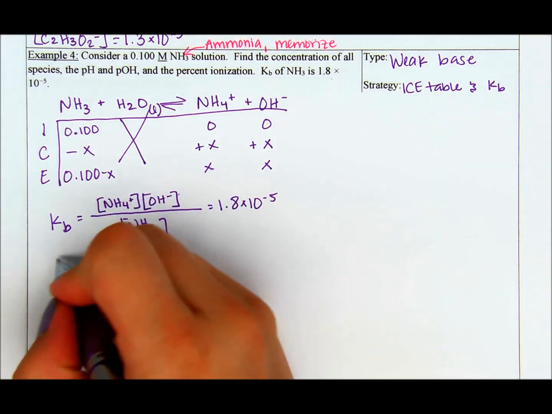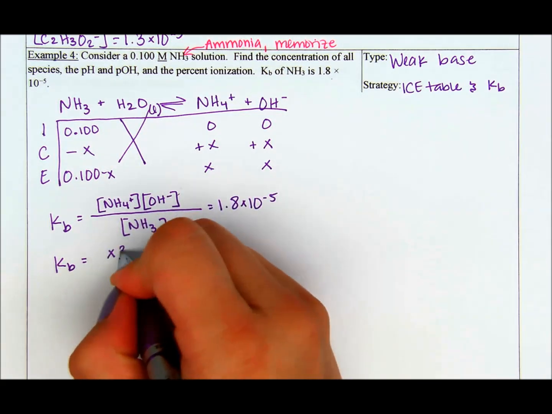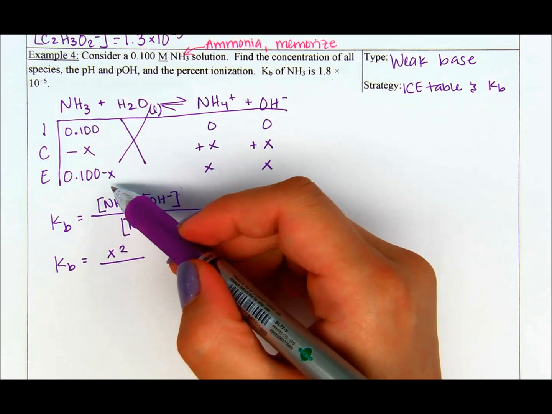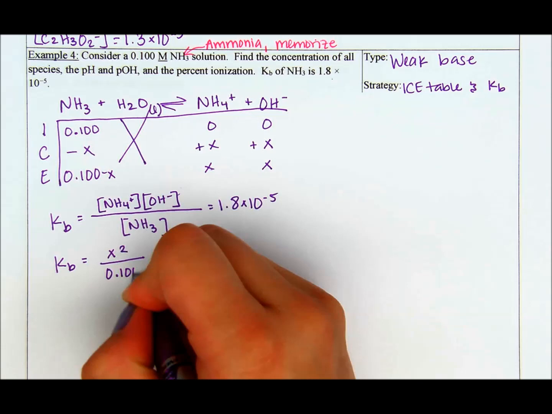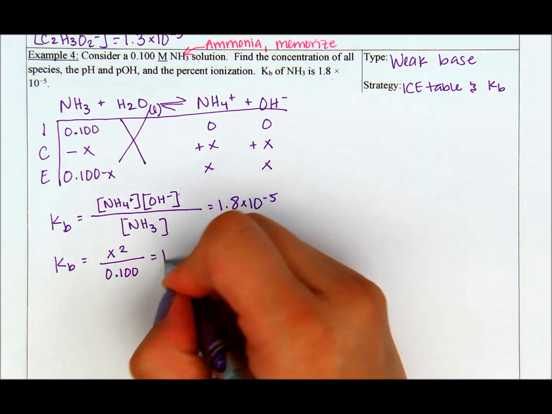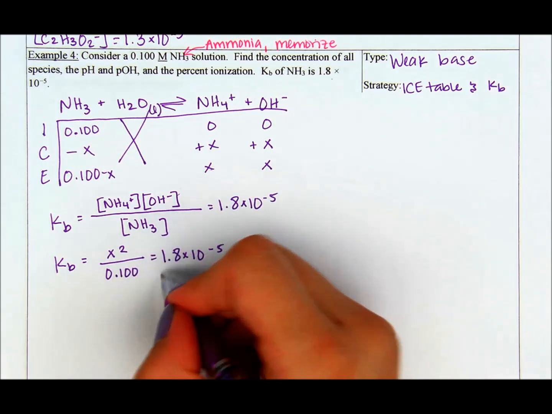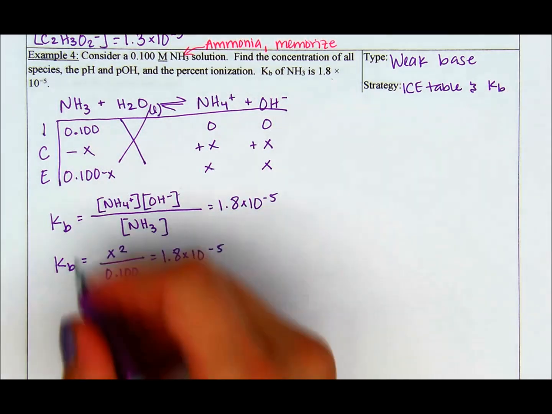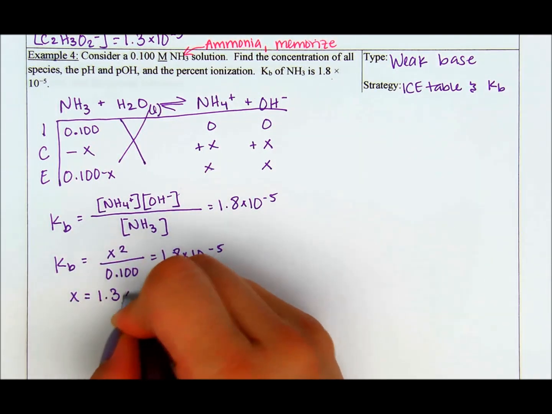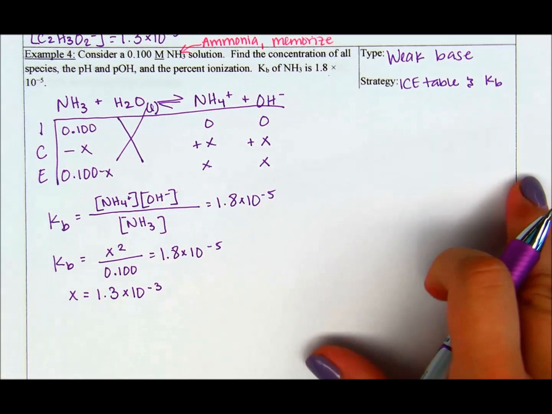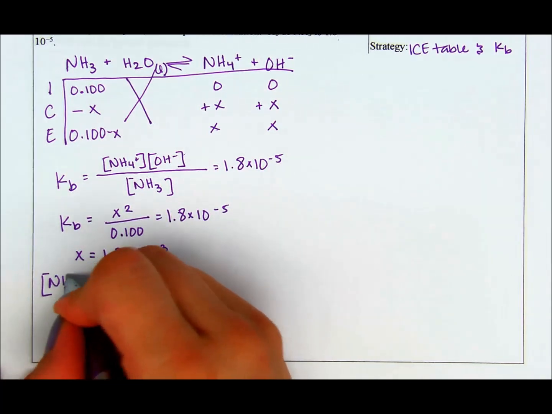Okay, so Kb then equals x times x, which is x squared, over 0.100 minus x. I'm going to go ahead and ignore that x, assume it's very small in comparison to 0.1. So I end up getting this. So that's equal to 1.8 times 10 to the negative 5, just bringing down my Kb there. Solving in your calculator, of course, you multiply there, take the square root of what you get, and you should get x is equal to 1.3 times 10 to the negative 3. Finding the concentration now of all of my species.